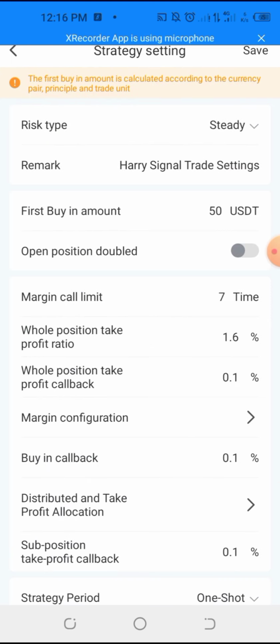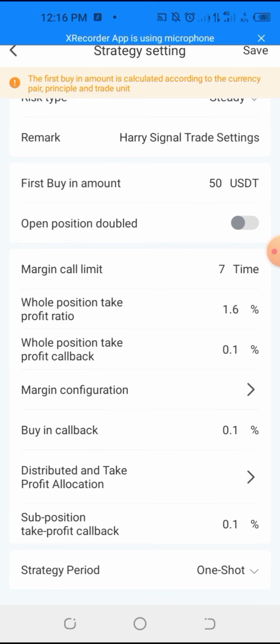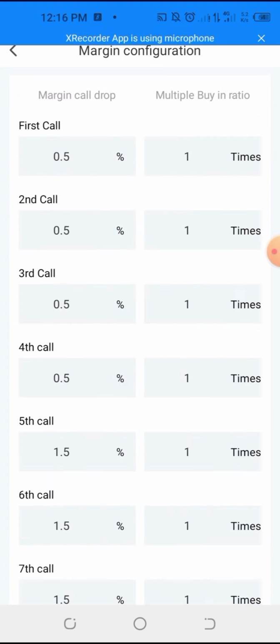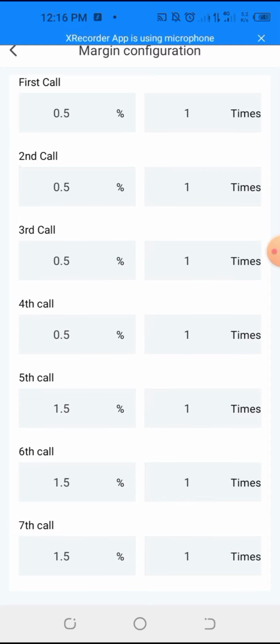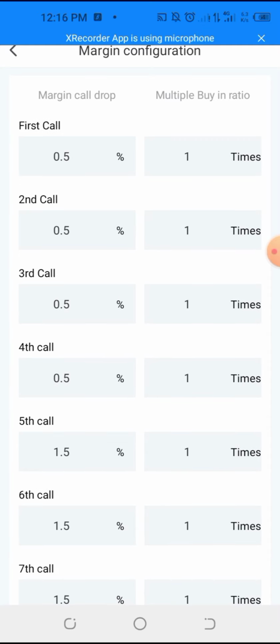My first buying amount is always $50, and my margin call is 7 times. Then my margin configuration. This is the way I configure my settings. Just watch. You see, that means for the first call, second call, third call, fourth call, anytime the coin goes down by 0.5, you should buy one time $50.